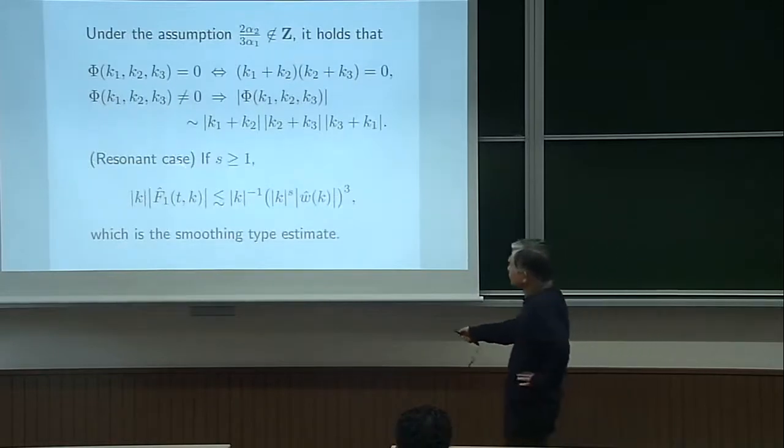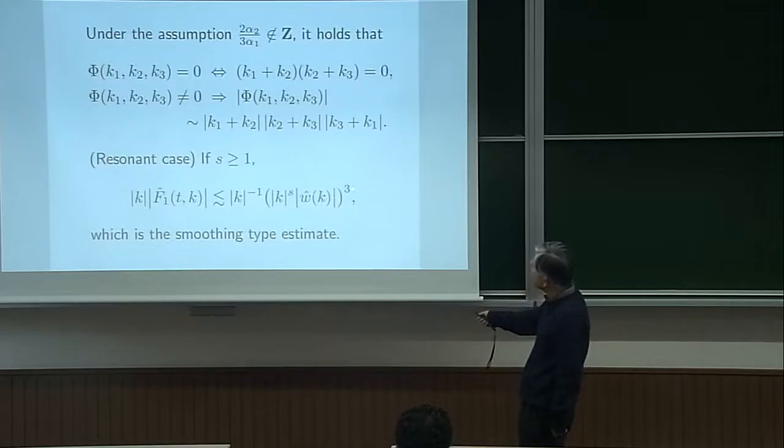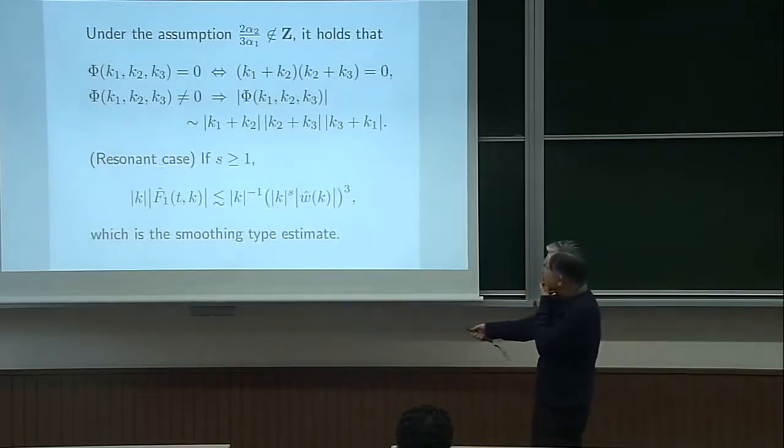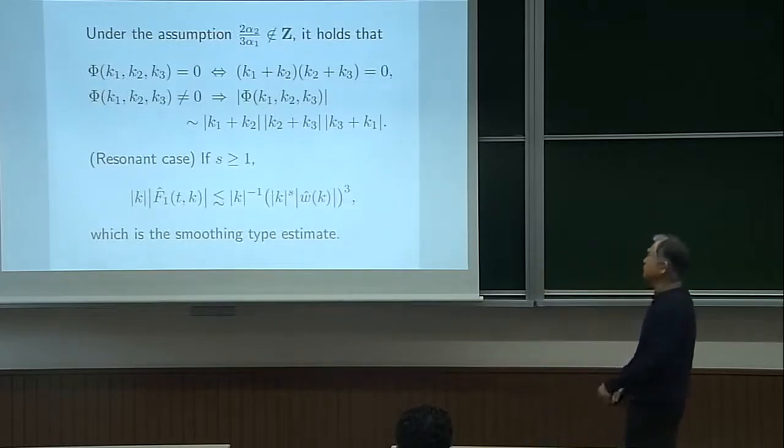So the first, the resonant term, is less than some constant times the modulus of k to the minus 1, k2s times the modulus of w hat cubed. This is almost obvious. Here we can gain one derivative. So this is a smoothing action.